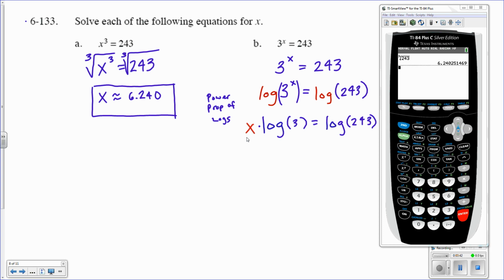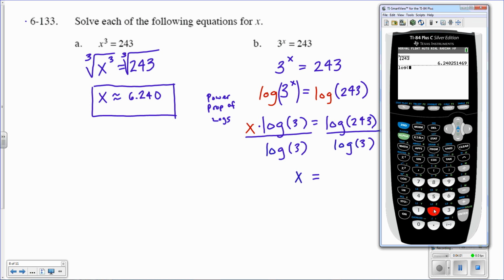Last step, let's isolate x by dividing each side by the log of 3. And then you can use a calculator if you want there to come up with that answer. So x would equal the log of 243 divided by the log of 3.